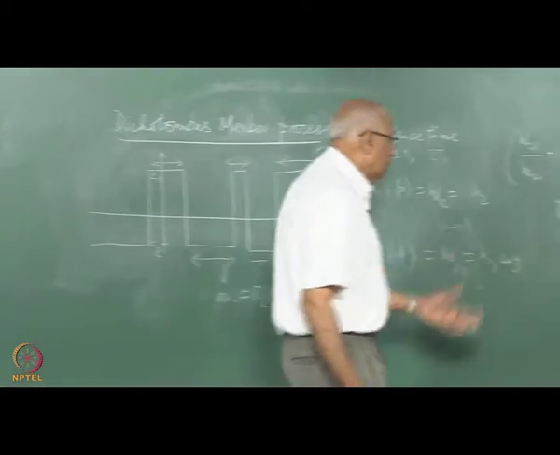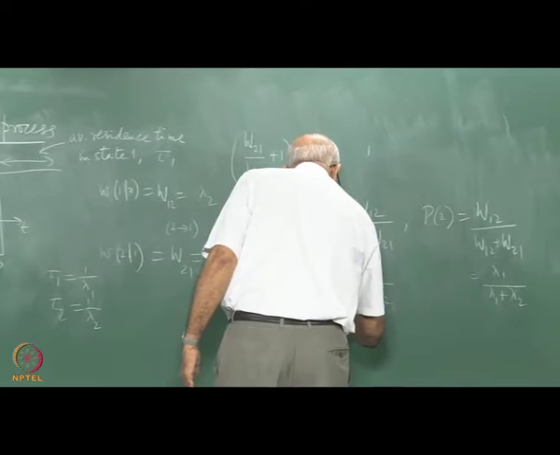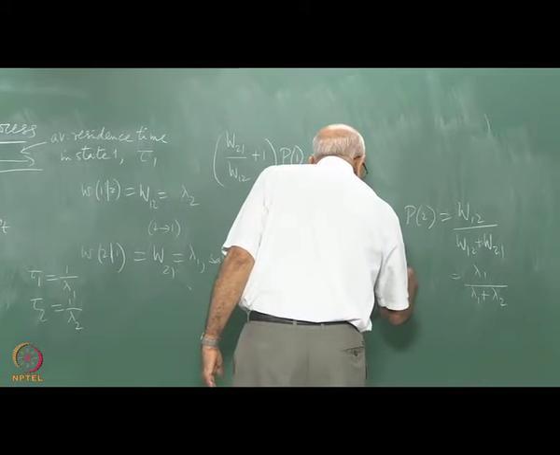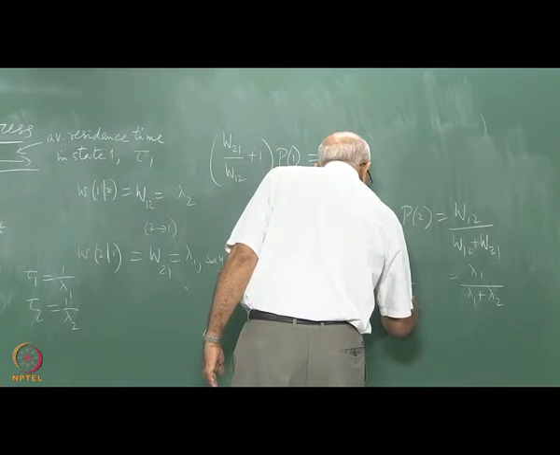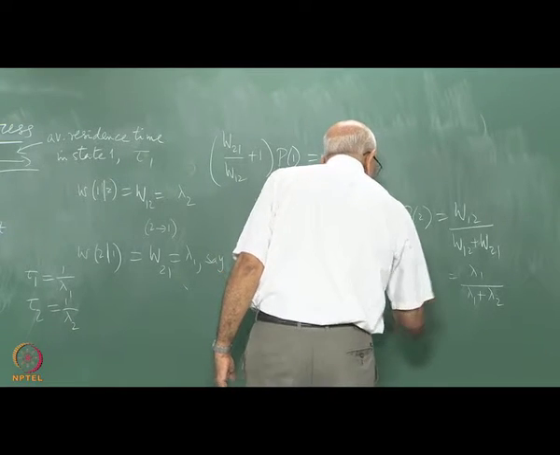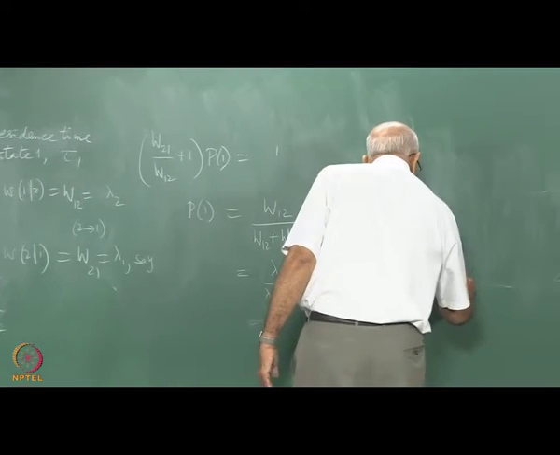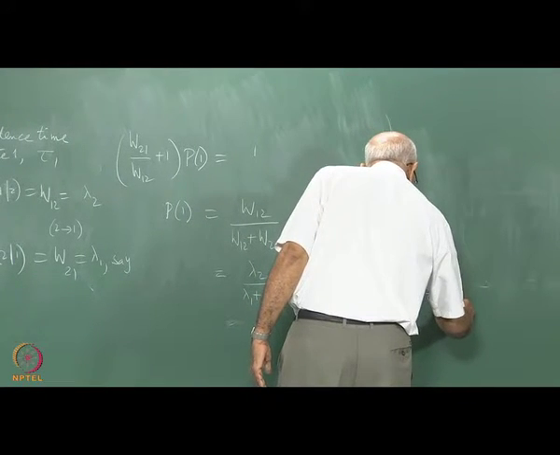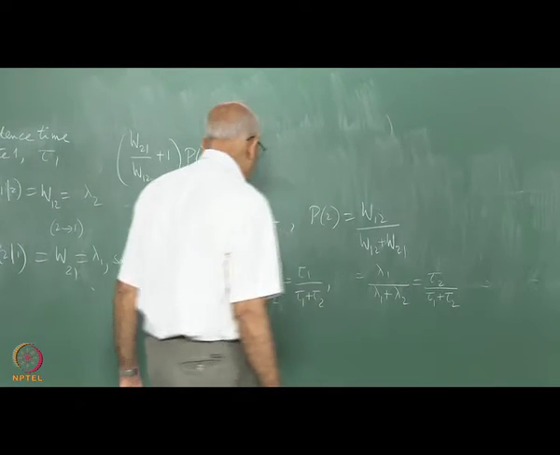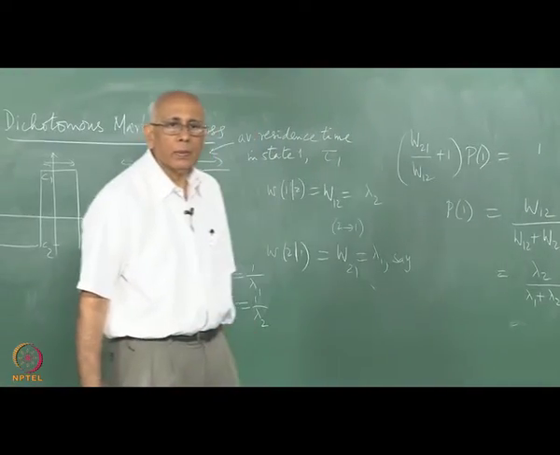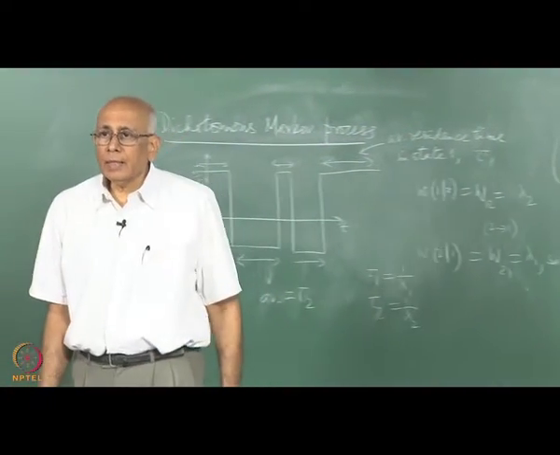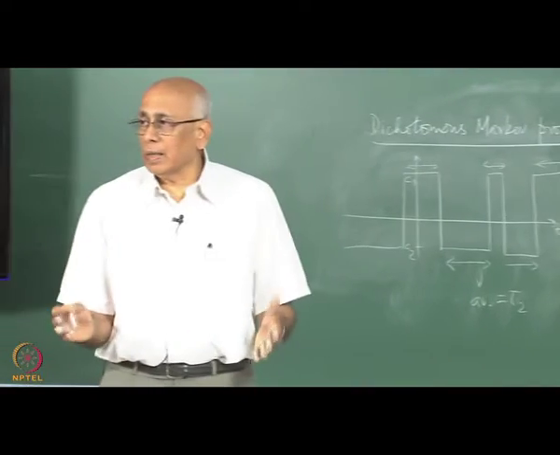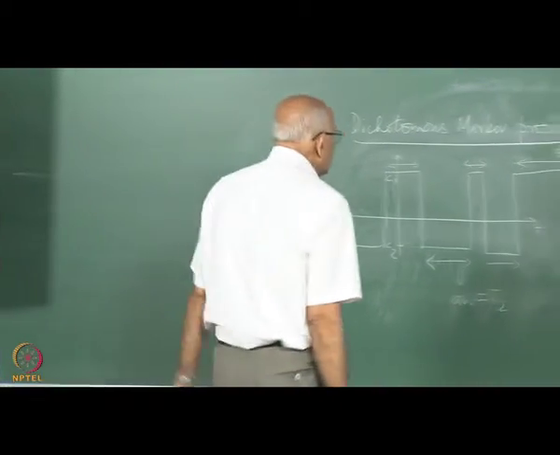So P1 is equal to tau 1 over tau 1 plus tau 2, and P2 is equal to tau 2 over tau 1 plus tau 2. Okay. And that is exactly what you would expect physically.